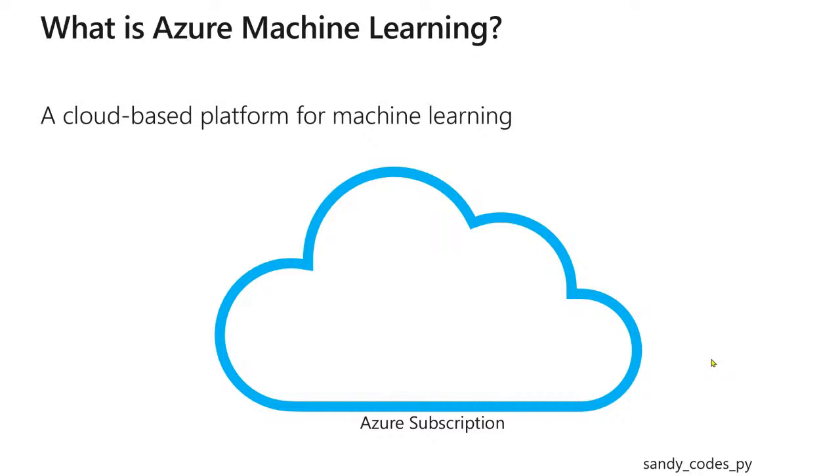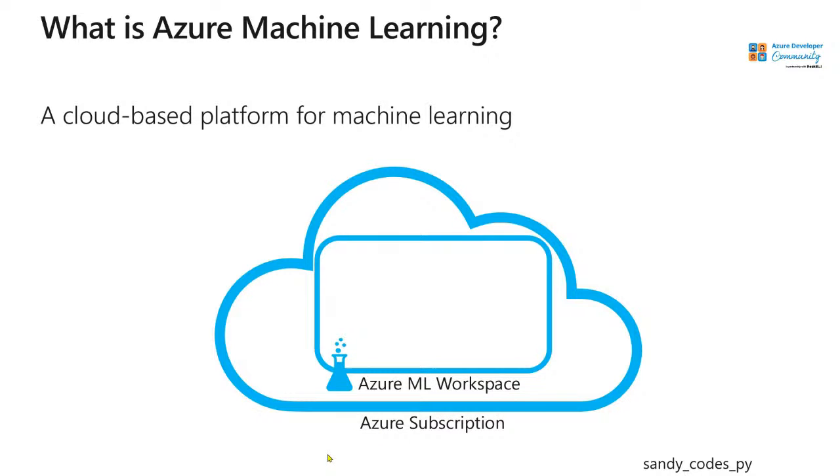For everything that you want to do in Azure, you need some sort of subscription. Once you have that subscription for Azure Machine Learning in particular, you also need a compute service to do the stuff.